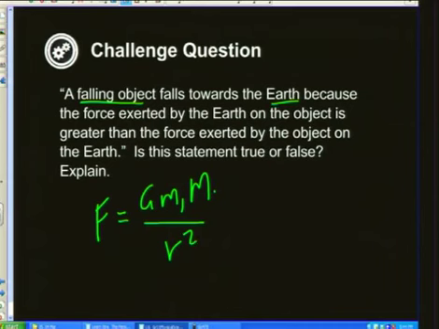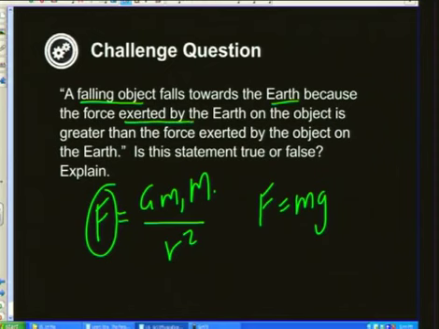We sometimes also say that force is equal to the weight, the mass times the acceleration due to gravity. Now, what you should notice is it's saying to us that the force exerted by the earth on the object, and it falls towards the earth, and that's the important thing, it falls towards the earth, because the force exerted by the earth on the object is greater than the force exerted by the object.